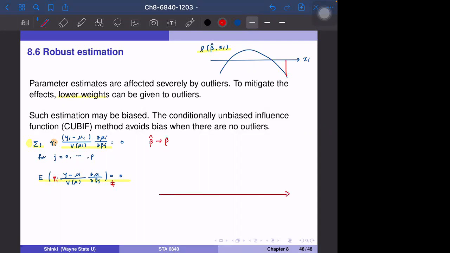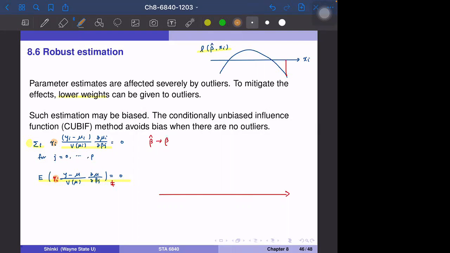So the idea is that we adjust this likelihood function by putting this weight gamma i, but most of the time we would still like to expect this to be unbiased.